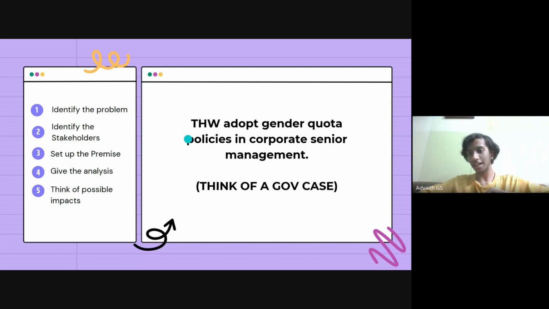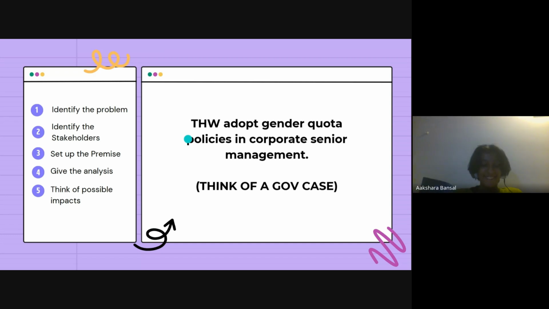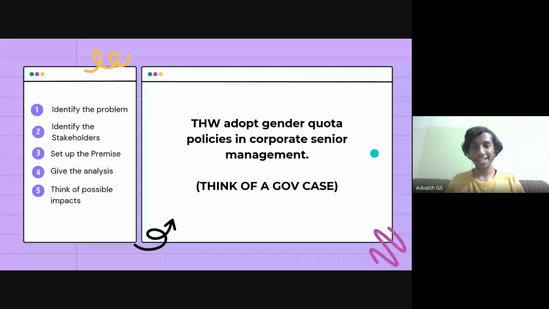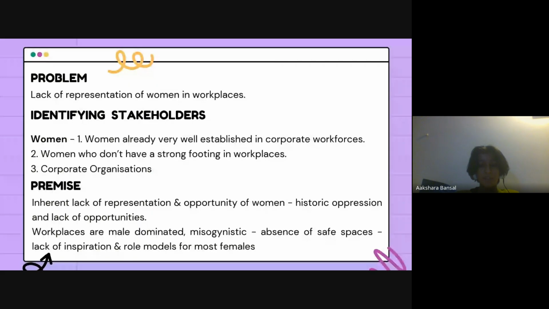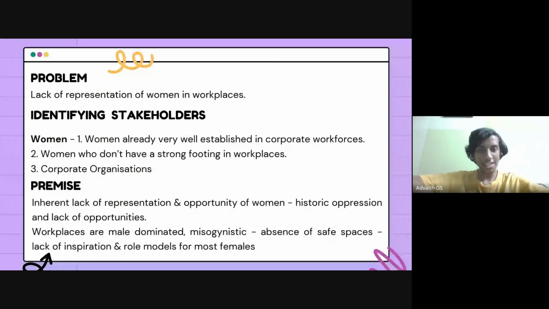Anything else, Akshara? I mean, that's the main problem, and might be the one and only problem it's trying to solve. So, lack of representation of women in workplaces. That is the central problem, right? There are different ways you can phrase it: gender inequality or lack of representation.